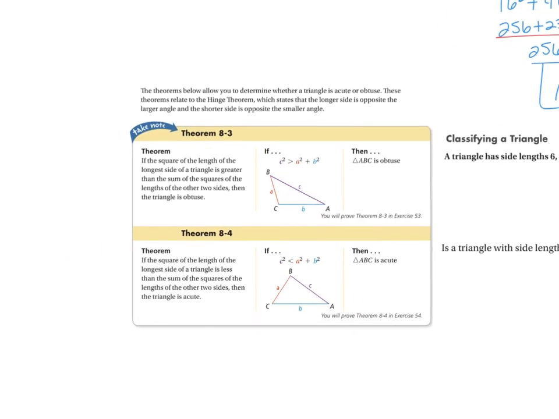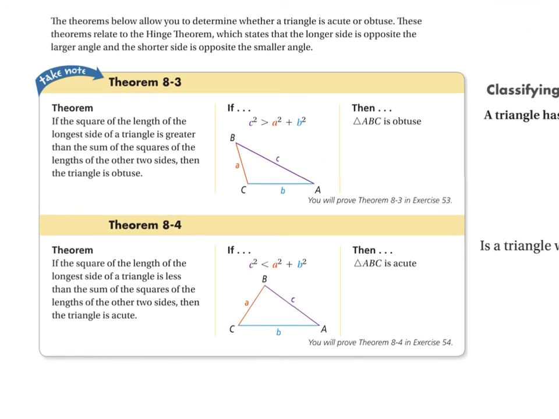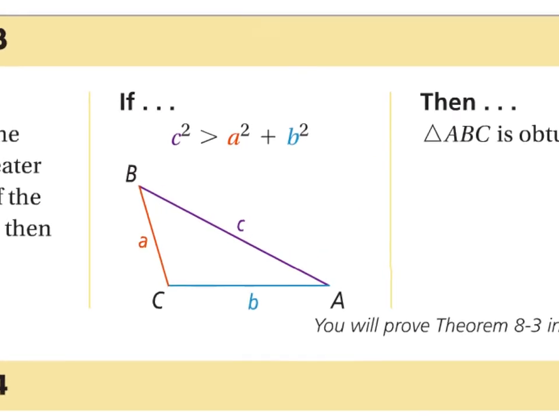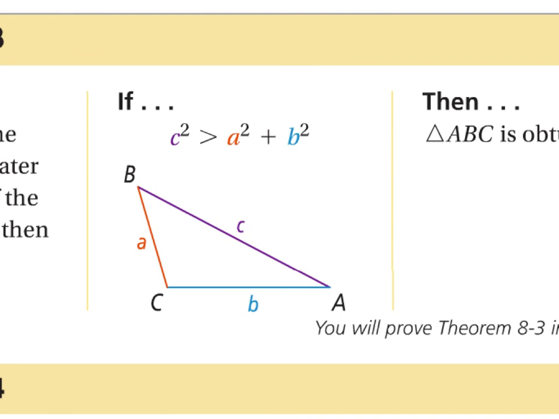Now here's this next part. This comes up on your quiz. c squared is greater than a squared plus b squared. This is the Pythagorean theorem. If they're equal, it's going to be a right triangle like we just did. But if it's not, and look how it's written backwards, they write the c first.